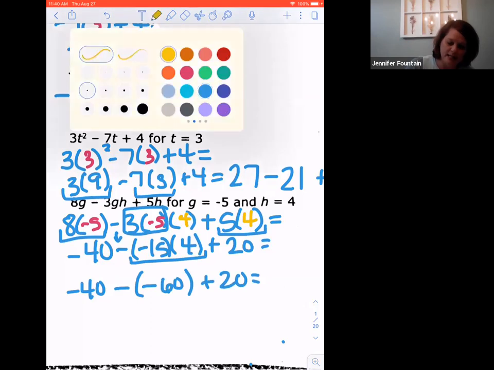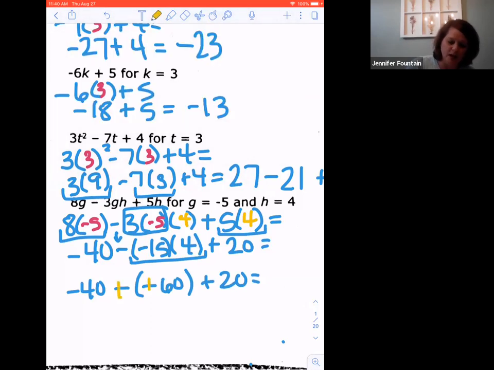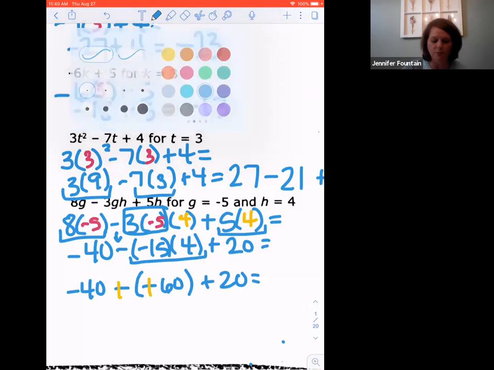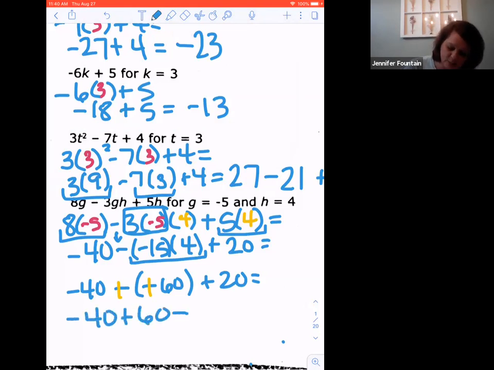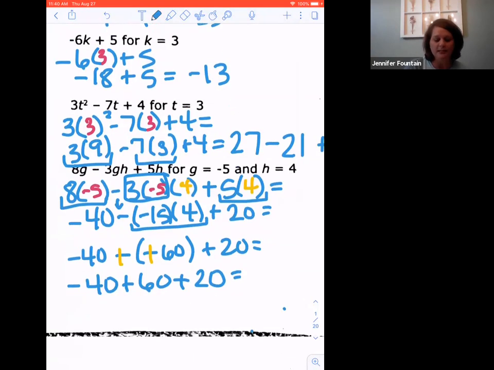I have minus a negative, so I can change that to plus a positive because I want to add. I change my sign and then take the opposite of the one following. So now I have -40 plus 60 plus 20. So -40 plus 60 is going to give me 20, and 20 plus 20 equals 40.